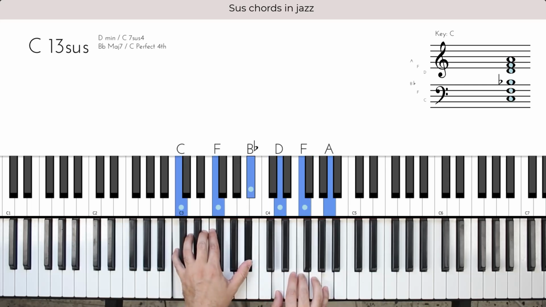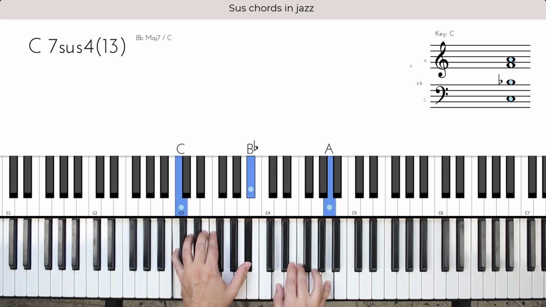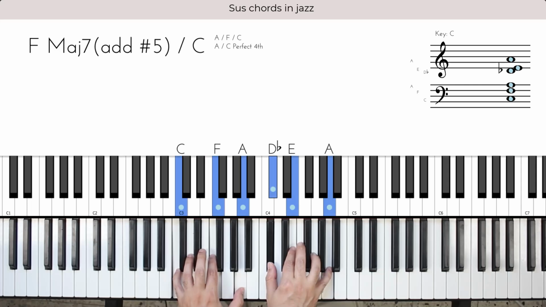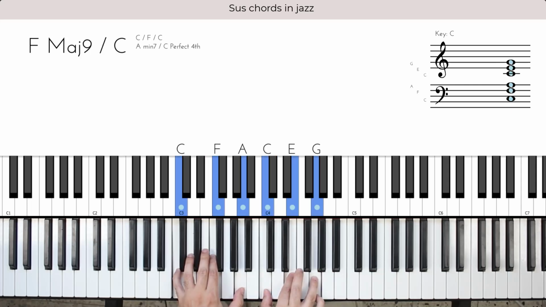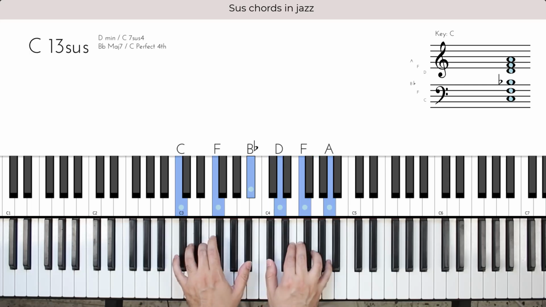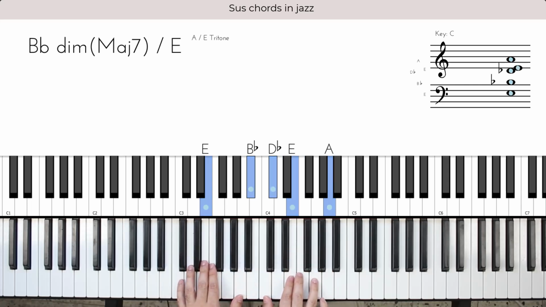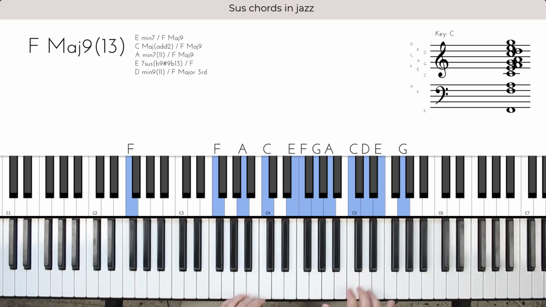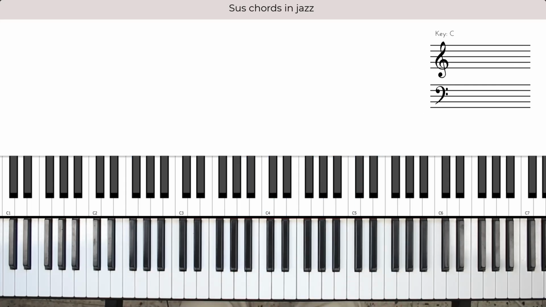So I'm taking the C13 sus4, moving these 3 notes chromatically down, and then moving these 2 notes inward here, and this shape down here. Interesting to play around with.